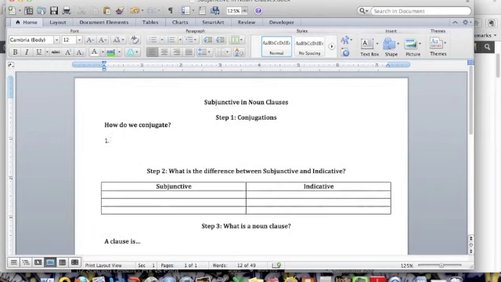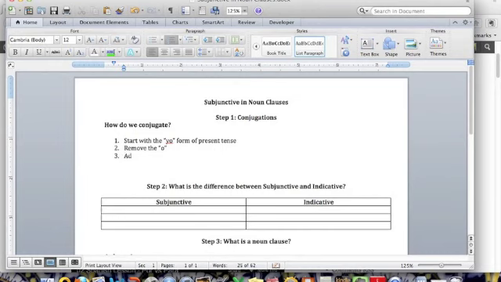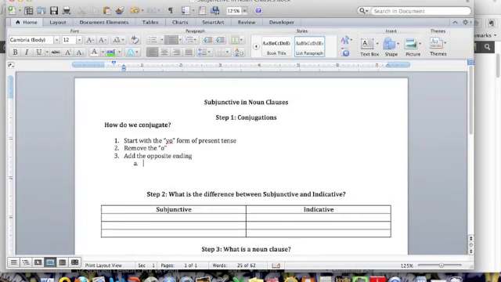Step one, we start with the yo form of the present tense. Step two, you need to remove the o. And step three, add the opposite ending. By opposite, what do I mean?